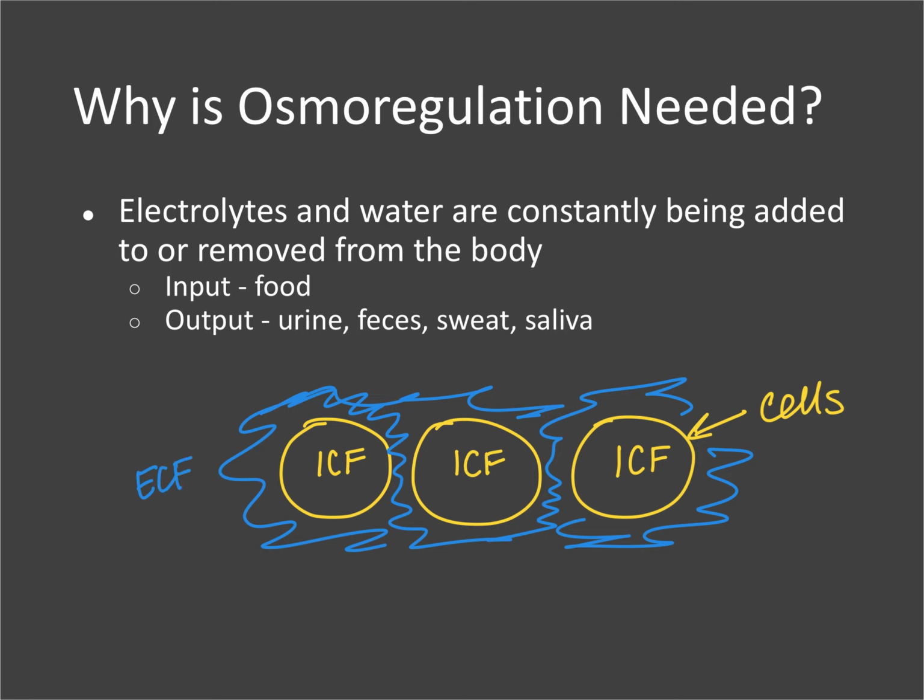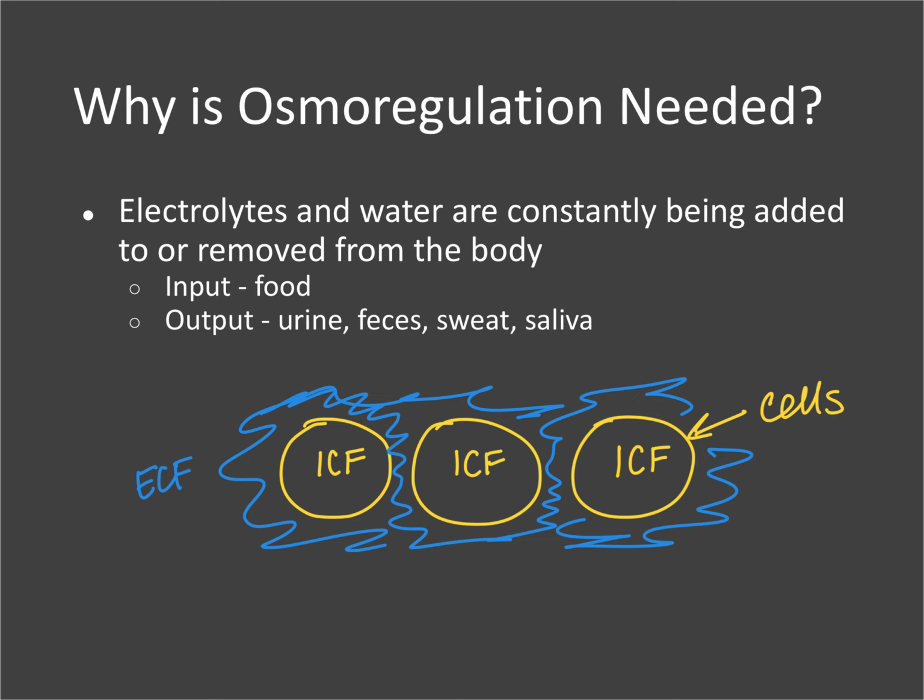And remember that if the concentration of the extracellular fluid becomes hypertonic or hypotonic to the intracellular fluid, then the cells are going to be damaged and they're not going to be able to work properly. They might shrivel up if they're in a hypertonic environment, or they might swell up and burst if they're in a hypotonic environment.